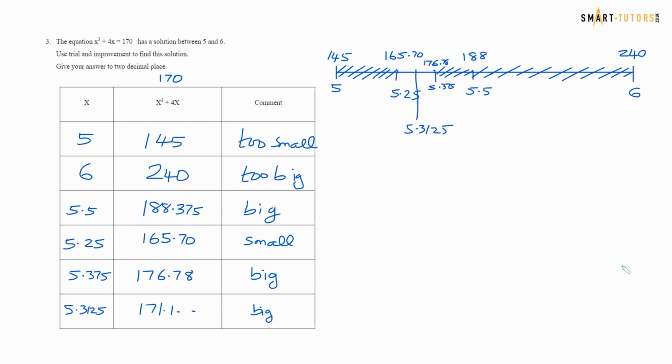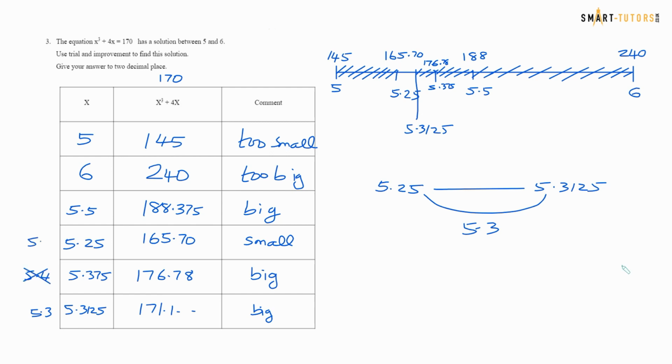So 5.3125 is still big. The answer is definitely between 5.25 and 5.3125, so we know the answer is going to be between these two numbers, around 5.3. If you approximate, this one is 5.3 and this is 5.4. We don't want to take that answer, that is too big.